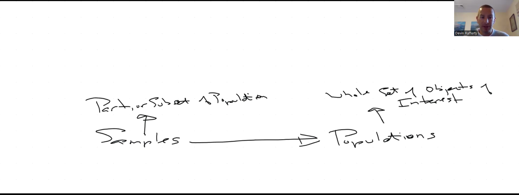A sample is a part or a subset of the population. Okay. It's a part or a subset of the population, which means you just take the entire country, all 50 states, that would be our population. And then our sample could be simply one person, could be one person who's unemployed.